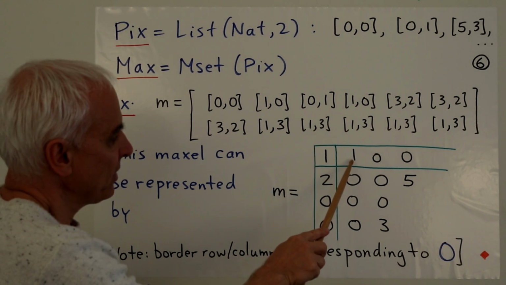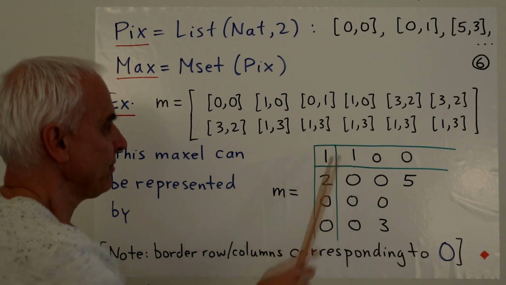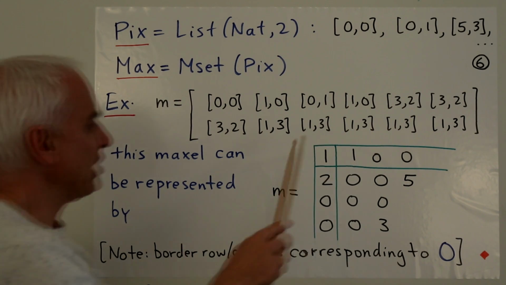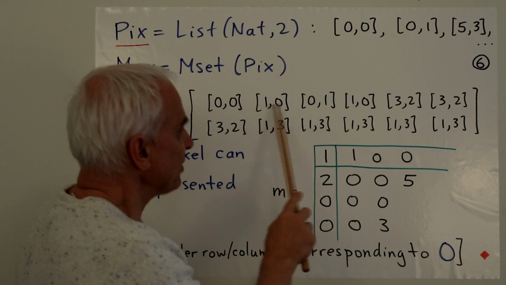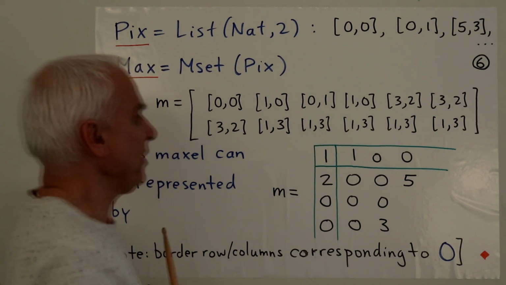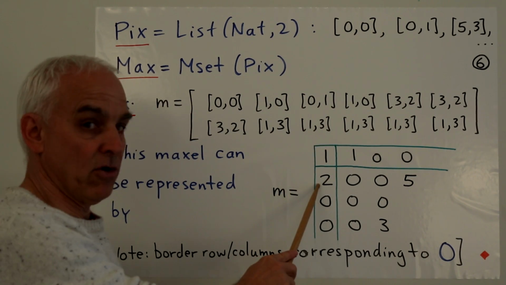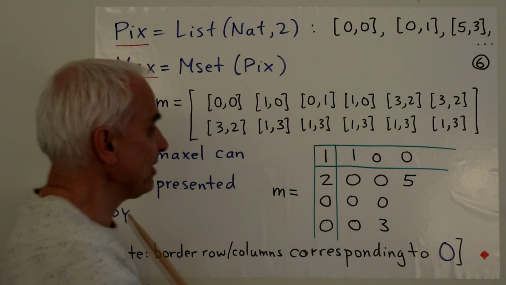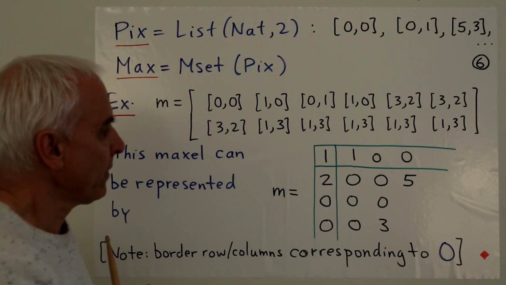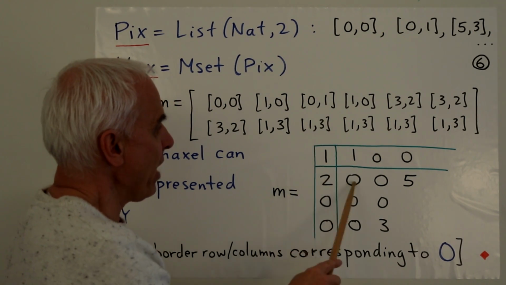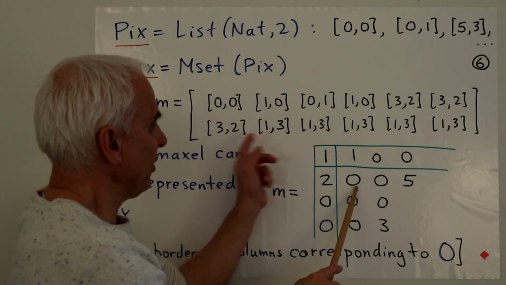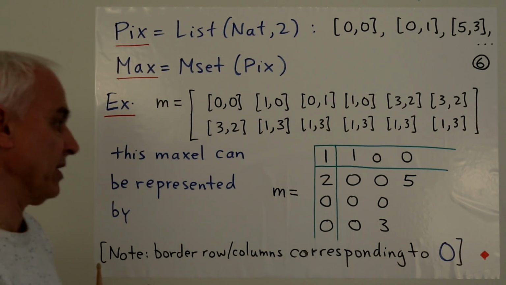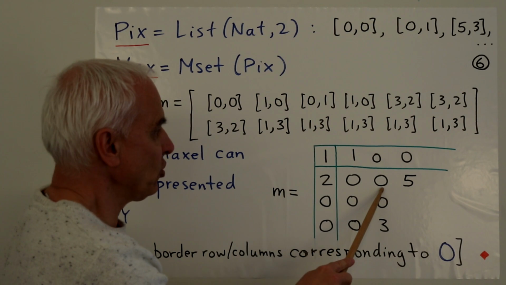This is the 0, 1 position, and how many 0, 1 pixels are there? There's just one of them right there. This is the 1, 0 position, and there are 2 such pixels, so we put a 2 there. This is the 1, 1 position. You can see that there's no 1, 1 pixel, so we put a 0 there. There's no 1, 2.